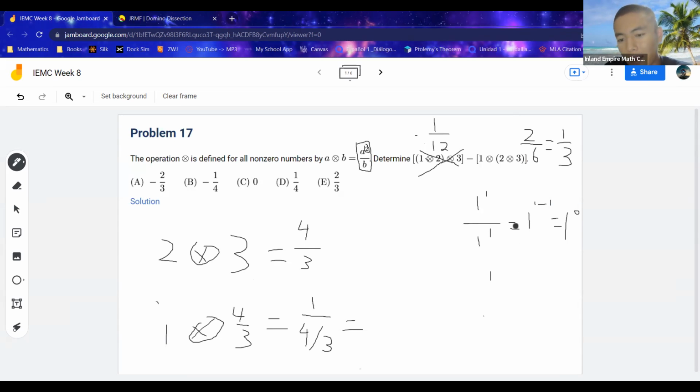Okay. And 1 over 1 is 1, so that must mean that 1 to the 0 is equal to 1. Does that make sense? I know the 0 on the top of the 1 makes it look confusing, but trust me, 1 to any power is equal to 1.